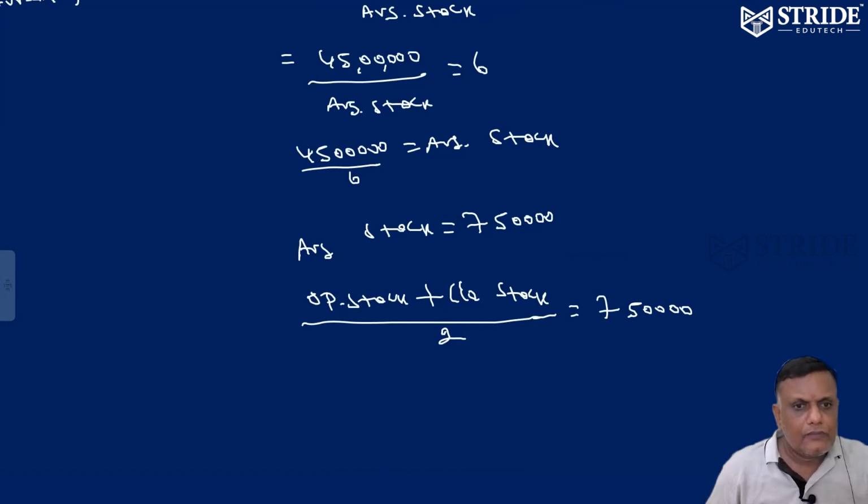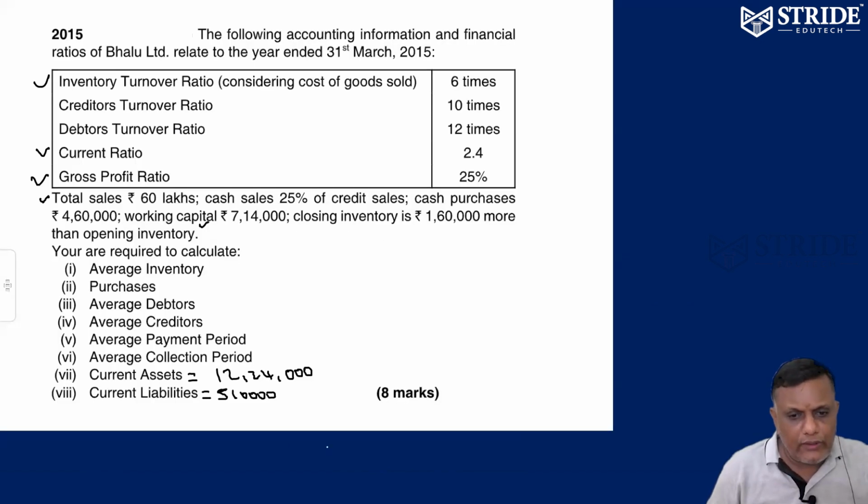Now, there is a clue here. See the point: closing stock is 1,60,000 more than opening stock.